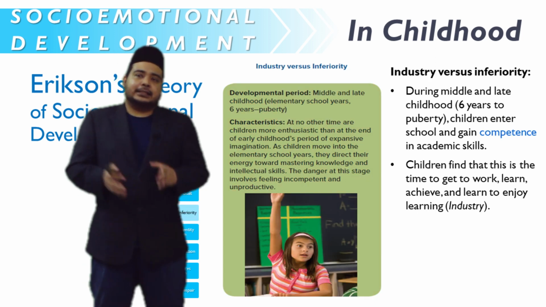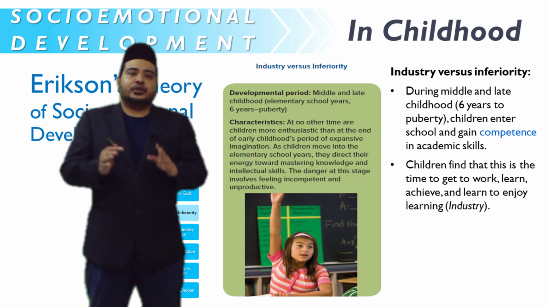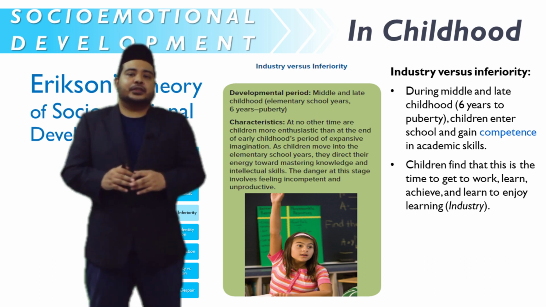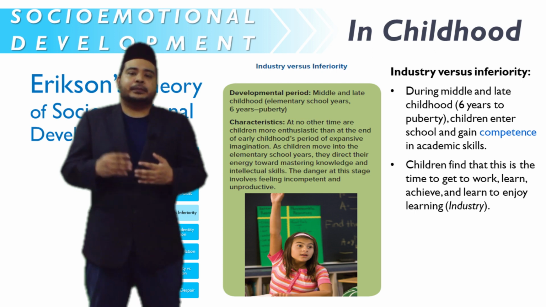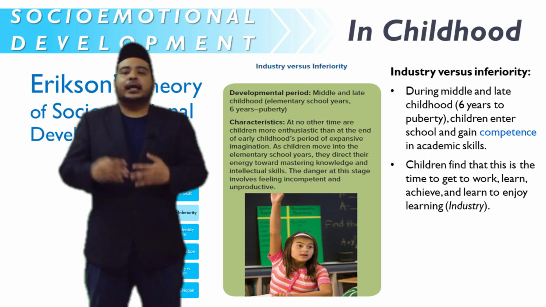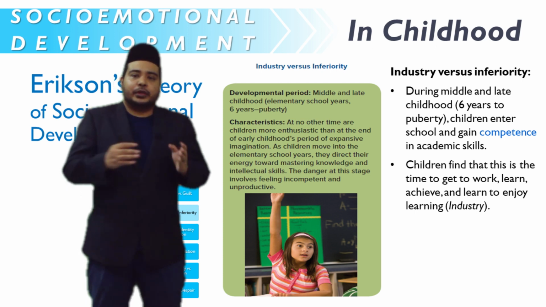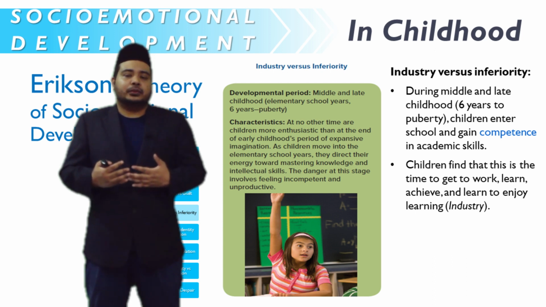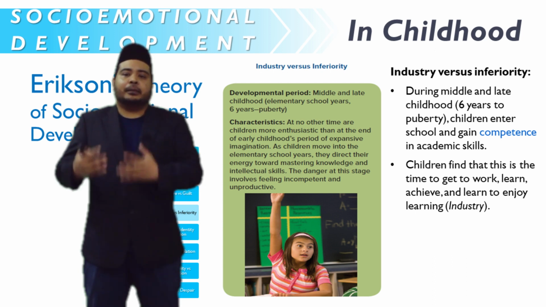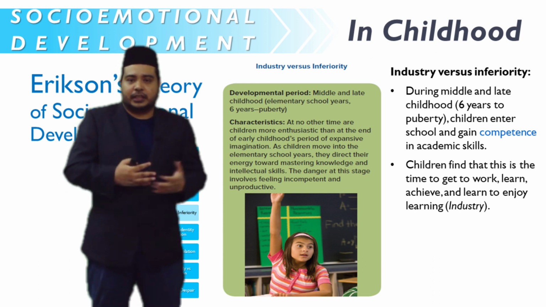The last socio-emotional development stage in childhood based on Erikson's theory is industry versus inferiority. This involves people from the age of 6 years old until they come to the stage of puberty. During middle and late childhood, children enter school and start to gain competence in academic skills.